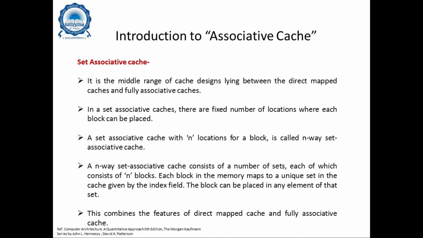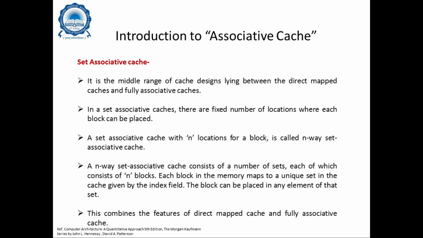In a set associative cache there is a fixed number of locations where each block can be placed. In a fully associative cache, the block can be placed in any location. In a direct mapped cache, there is a specific algorithm through which the RAM is mapped to the cache. Here, it is neither a specific location nor any location.